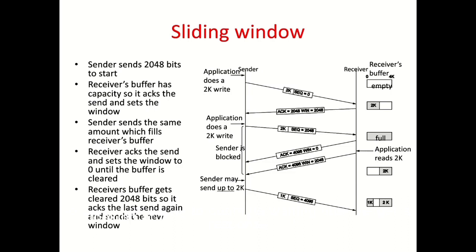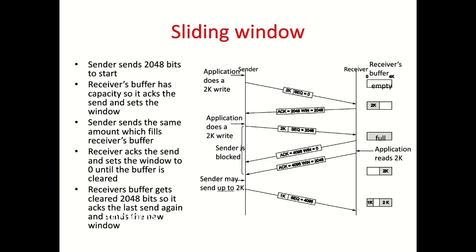Looking at the receiver, as time goes on, we have a full buffer to begin with. The receiver's application layer does a read, so it pulls 2K bytes out of the buffer. At this point, we can send another acknowledgement saying, yes, I have received 4,096 bytes from you, and I am now ready to receive another 2K bytes.